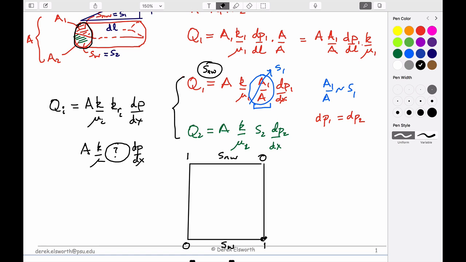So when the non-wetting fluid saturation is 0, the relative permeability, which is the ratio A1 over A, which is the same as saturation of fluid 1, is 0. And when the saturation is 100%, it's going to give a ratio which is equal to 100%.